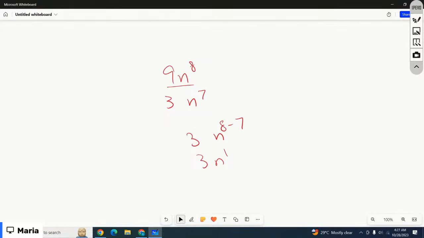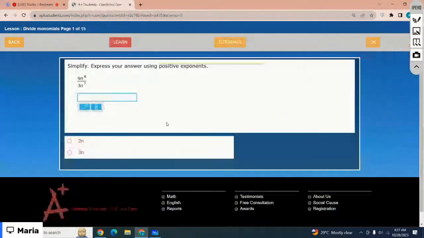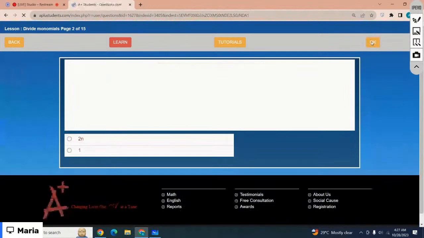Let's just start with the practice questions. Okay, the practice question is the one we just did on the board. So the correct option is 3n. Okay, simplify.